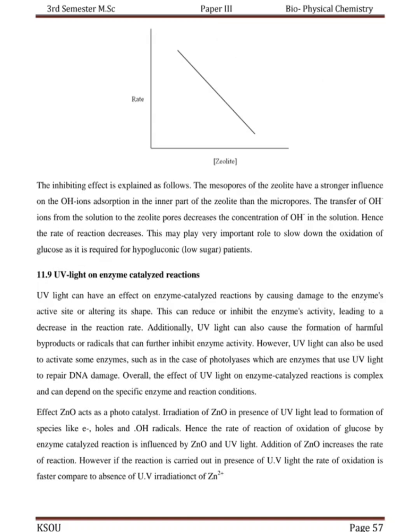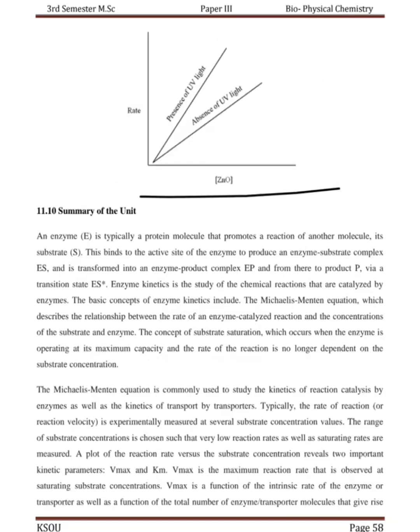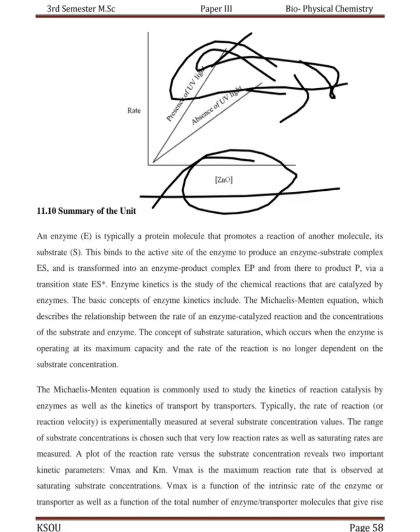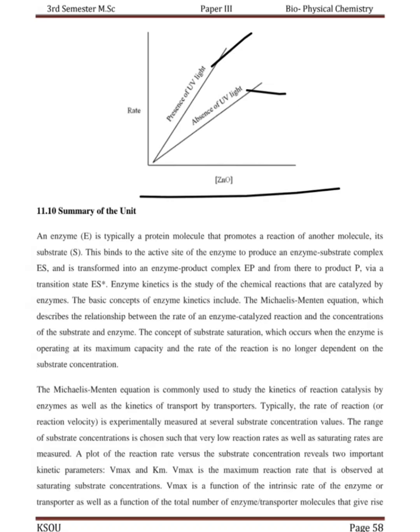So for example, here you can see the plot of zinc oxide in the presence and absence of UV light. In the presence of UV light, the rate of reaction increases. Actually, if zinc oxide is not added, the plot will change. Without zinc oxide, the rate of reaction will decrease in the presence of UV light.